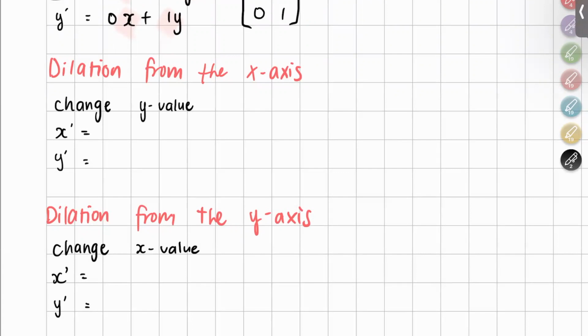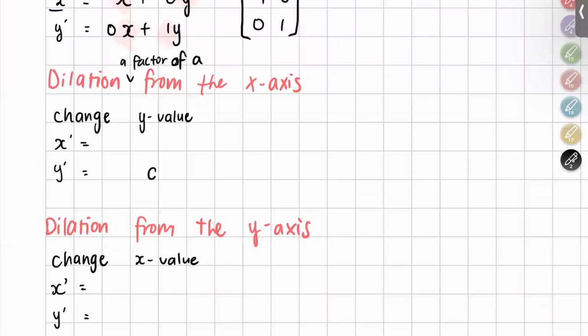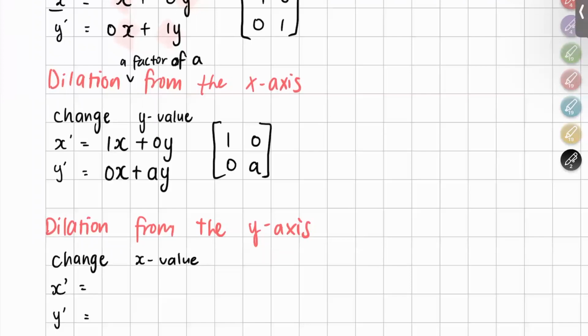So what happens here is if I say dilation a factor of a from the x-axis, we know that this has an impact on the y value, so we times it with the y value, and then this is 0x, and then the x value doesn't change, it will be 1x plus 0y. And so obviously our transformation matrix would just be 1, 0, 0, a.